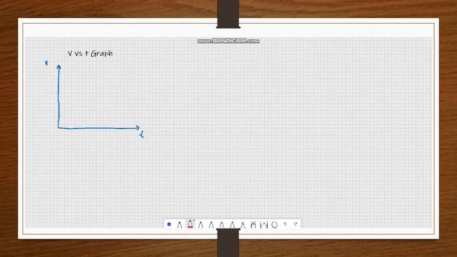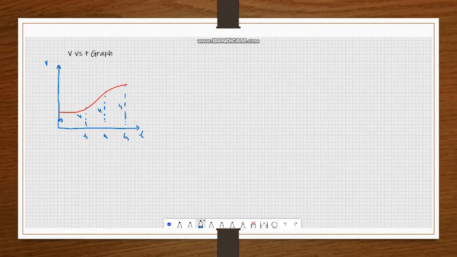Let me go back, it is like here, then it's turning back. Okay, and let's say we have here velocity 1 at t1 and velocity 2 at t2, and over here is t3. So we have velocity 0 here, velocity 1 at time 1, 2, 3.